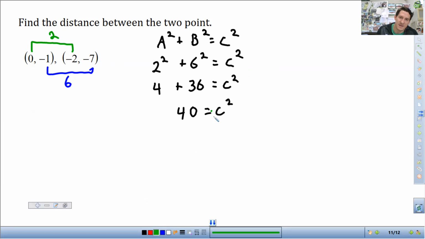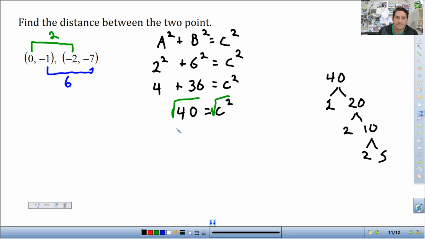Finish solving for C. I'm going to square root both sides. 40 is not a perfect square, so we have to do a buddy system. 40 is 2 times 20. 20 is 2 times 10. 10 is 2 times 5. So put those all back in the radical: 2 times 2 times 2 times 5 is equal to C. Look for pairs.